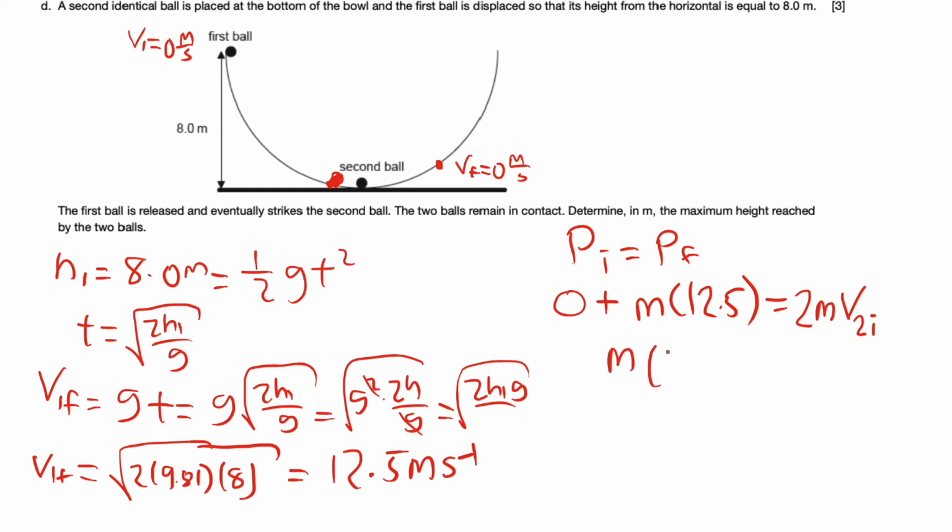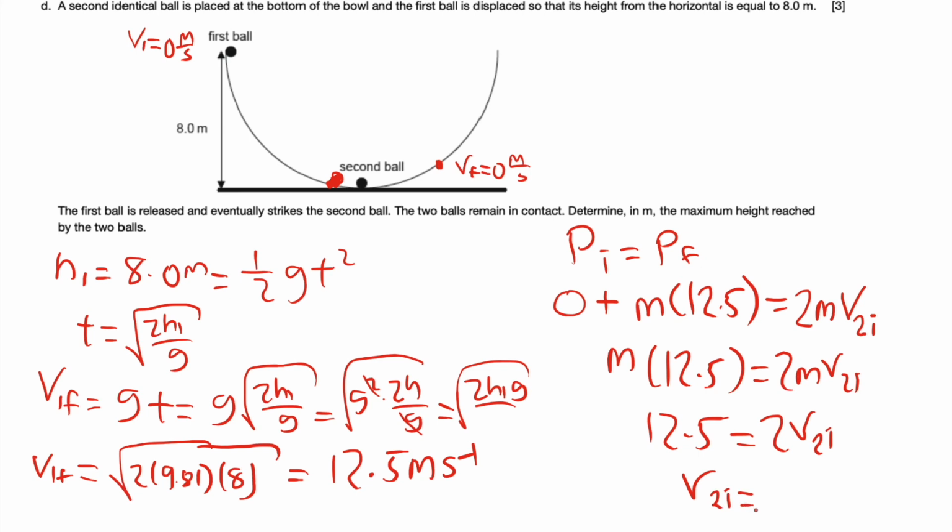So m times 12.5 is equal to 2m times v2i, and the m cancels off. So 12.5 is equal to 2 v sub 2i, so v2i is equal to 6.25 meter per second.